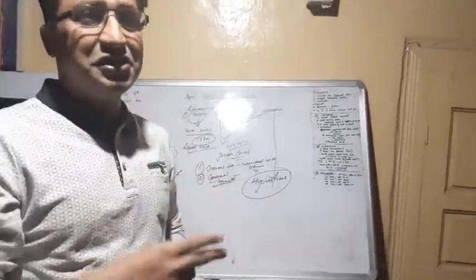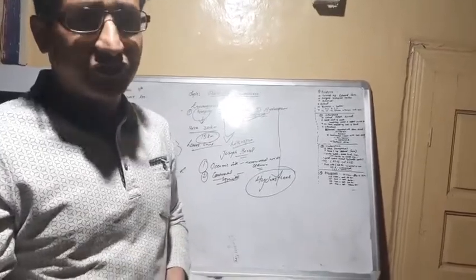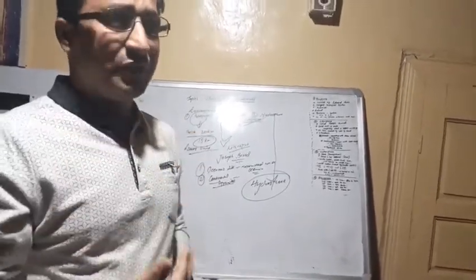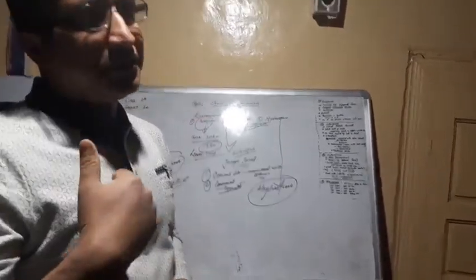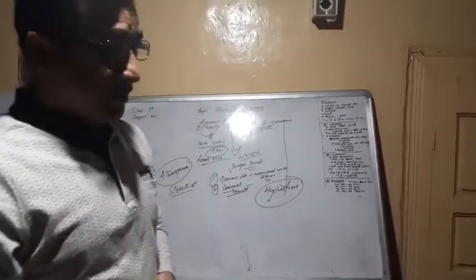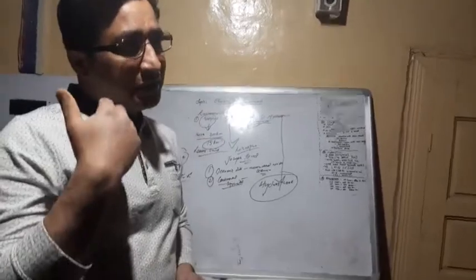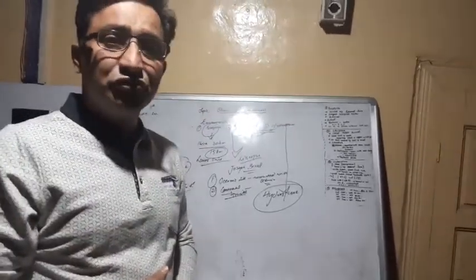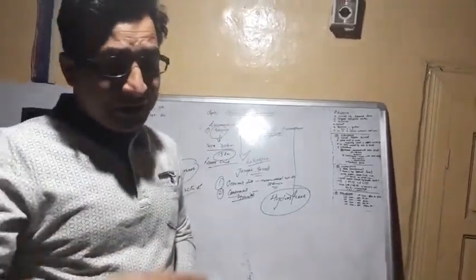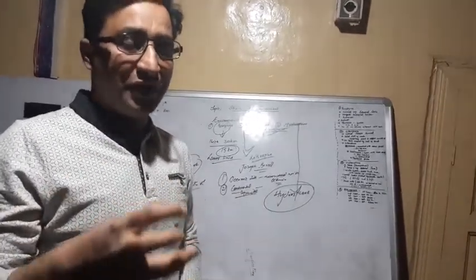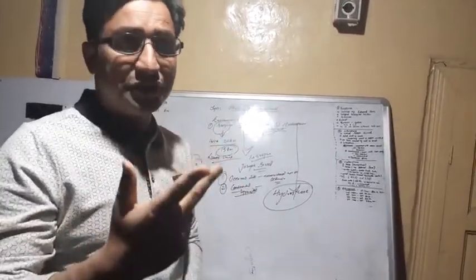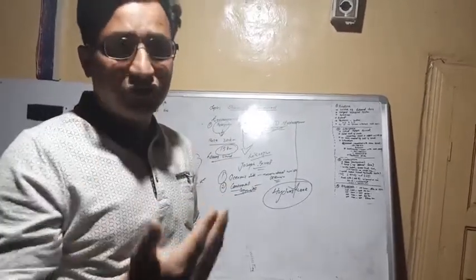It comprises 3 layers: troposphere, stratosphere, and mesosphere. The heterosphere of the atmosphere comprises 2 layers, the ionosphere and the exosphere.